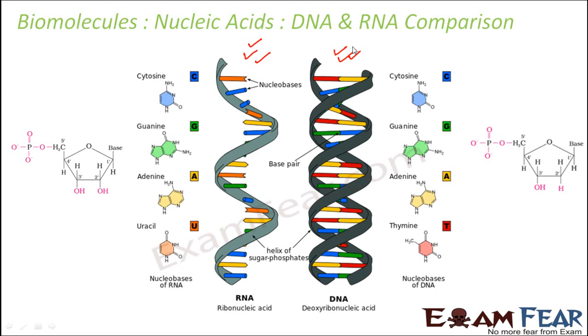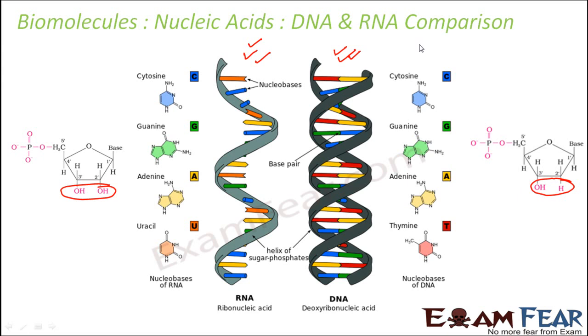RNA has to be created by DNA again. RNA is less stable due to the presence of two OH groups, whereas DNA is comparatively more stable because it has one OH and another H group. So these are some of the differences between the structures of DNA and RNA.